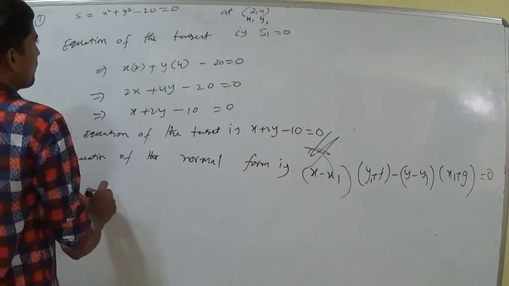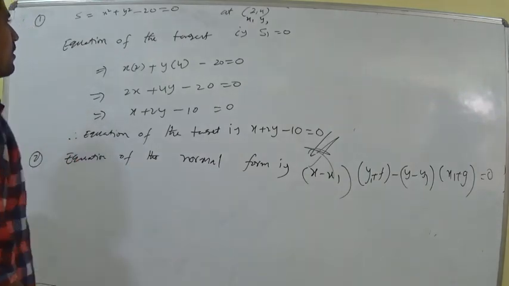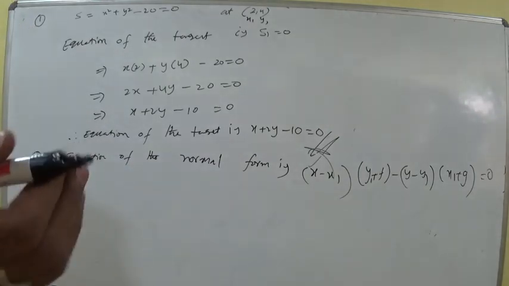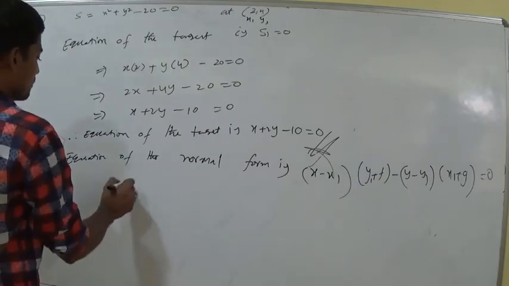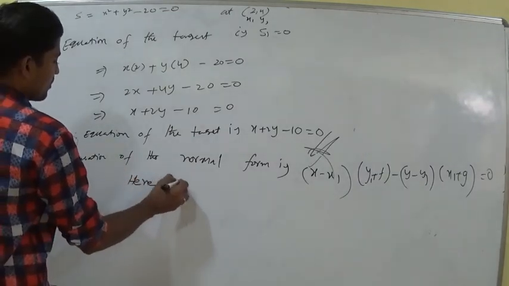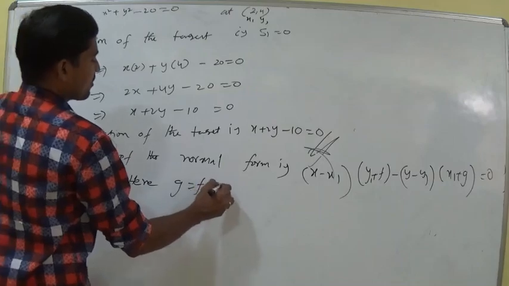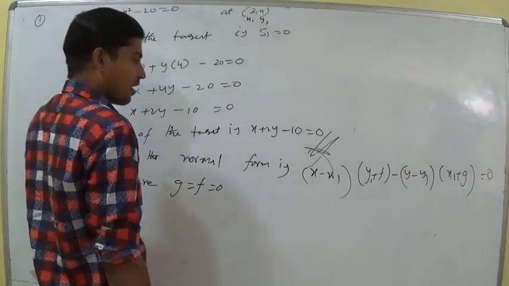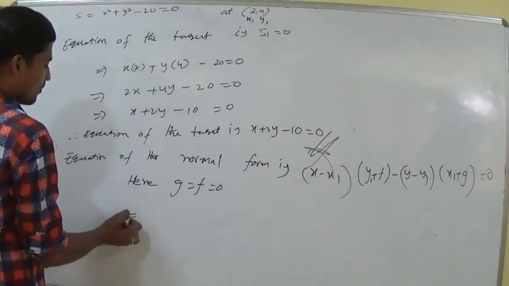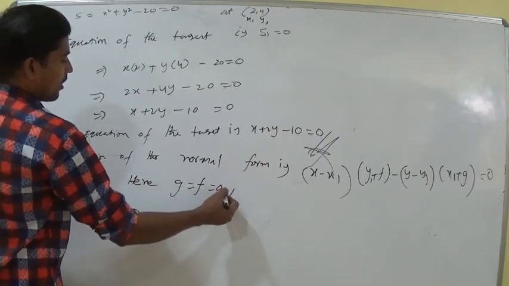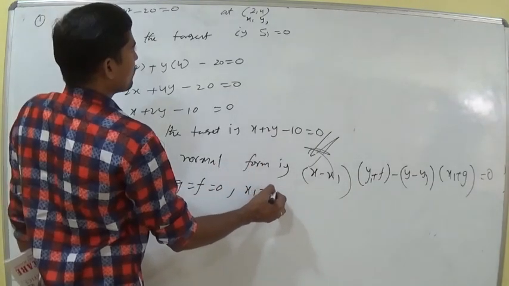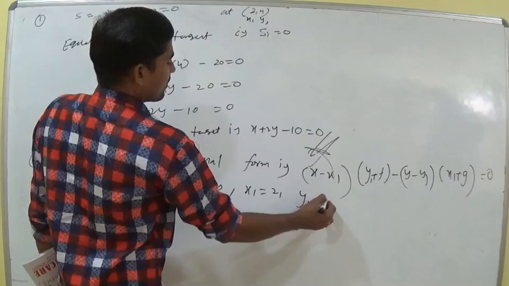See, here 2gx and 2fy are both 0. Here g = f = 0. That implies x1 = 2, y1 = 4.